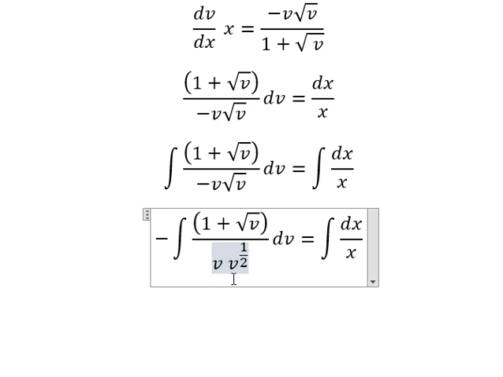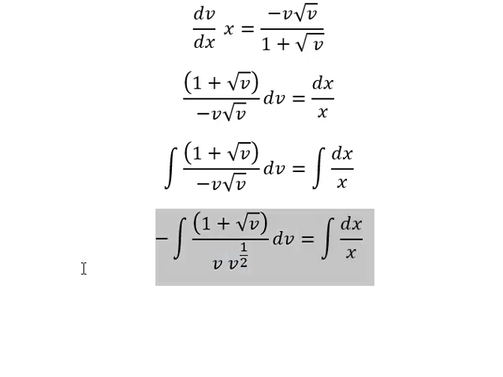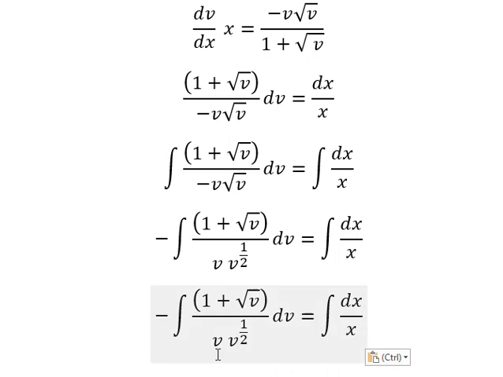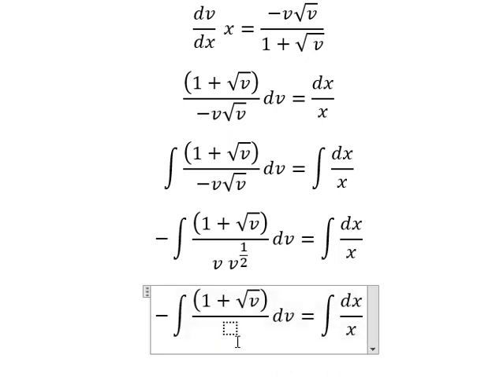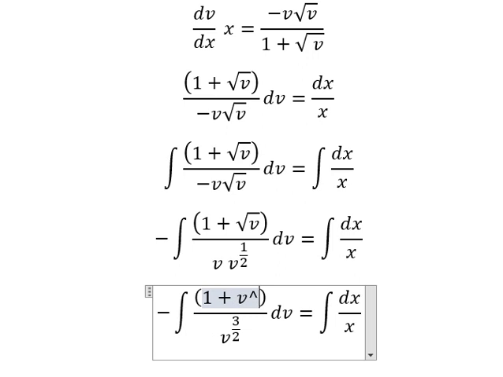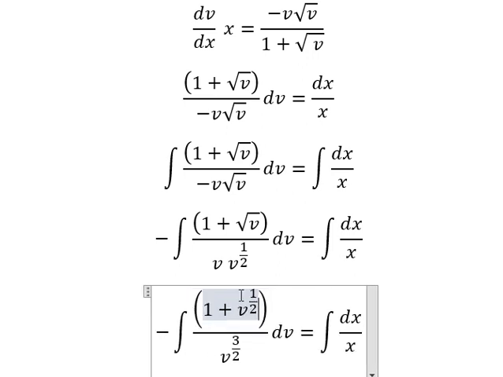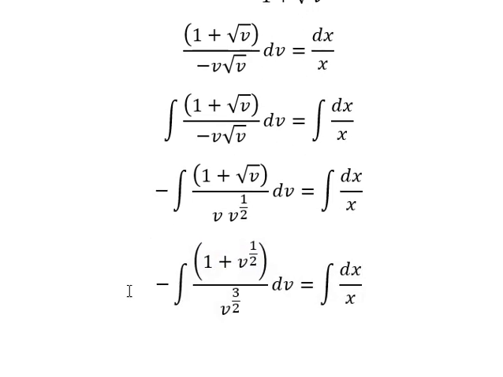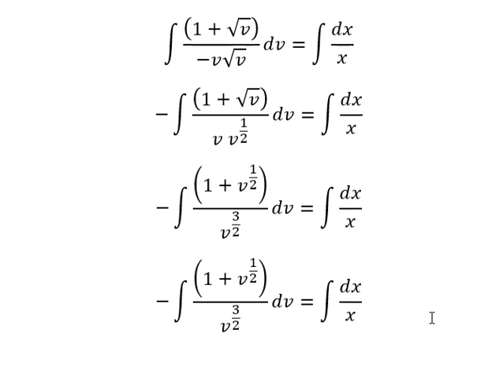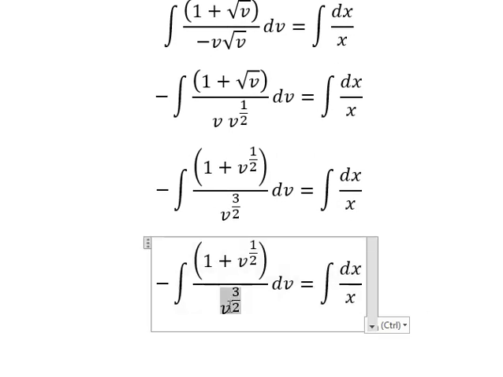And v multiplied by v with the power 1 over 2, we have like this. And this one we have 3 over 2. This one we have 1 over 2. So 1 divided by this one, and this one divided by this one.